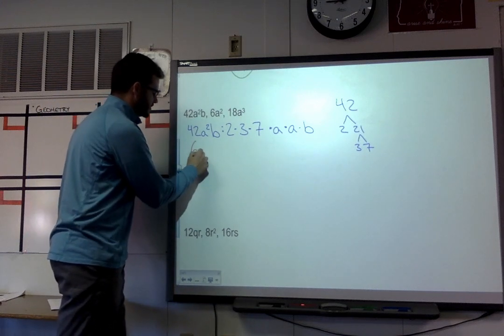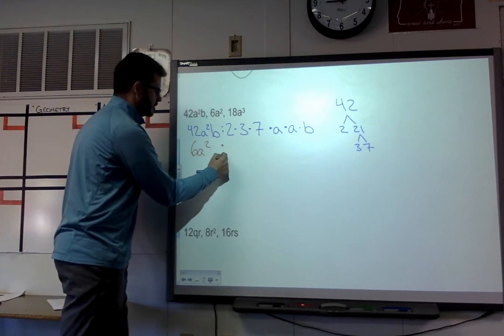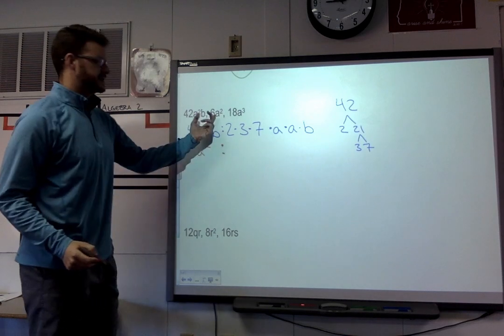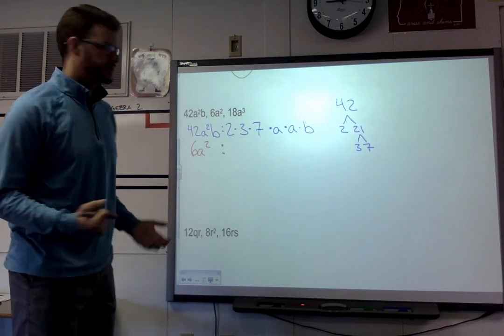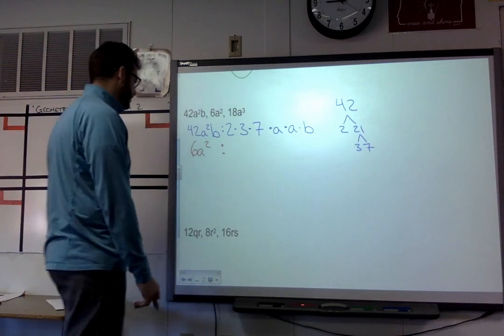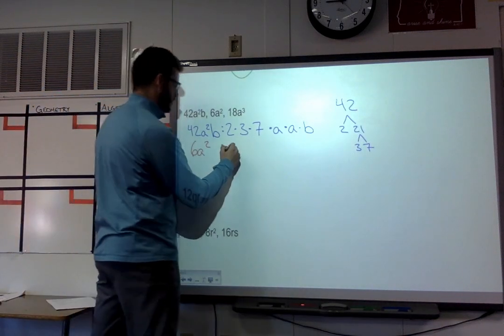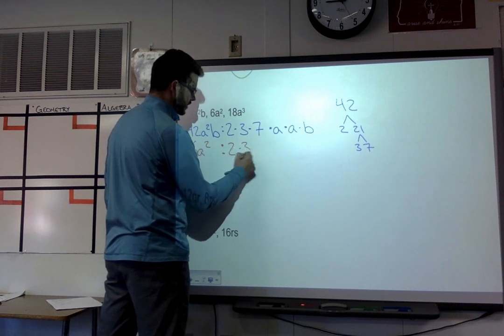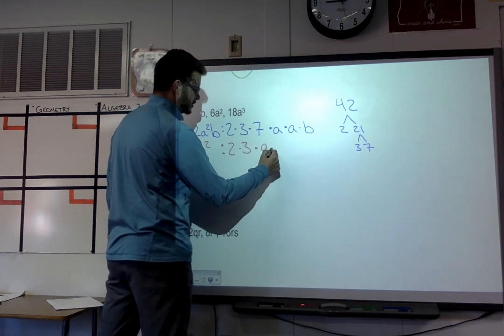Then I have 6a squared. Now we could break 6 down with a factor tree, or if we just think about it, all 6 can break down to is 2 times 3. So that would become 2 times 3 times a.